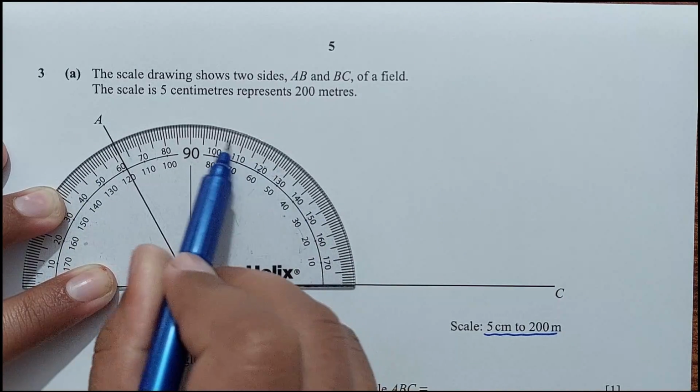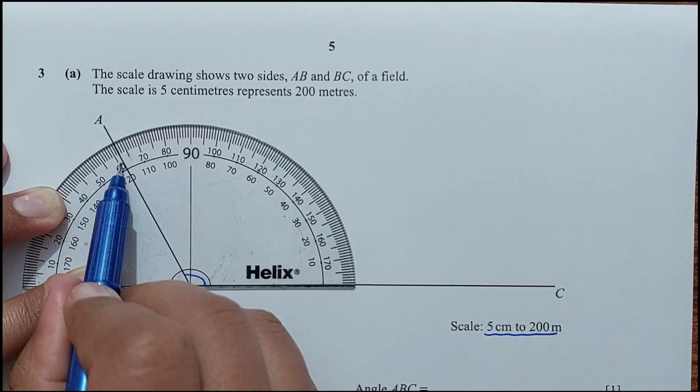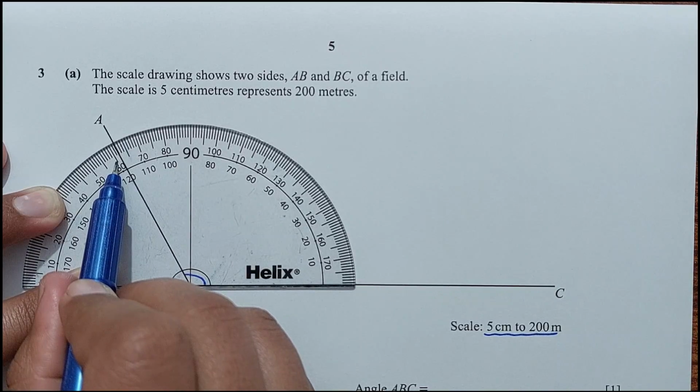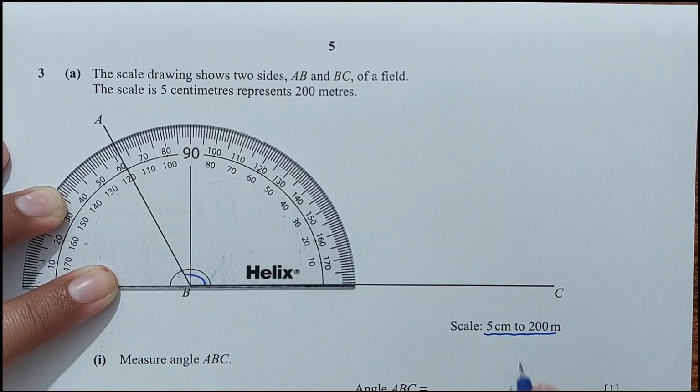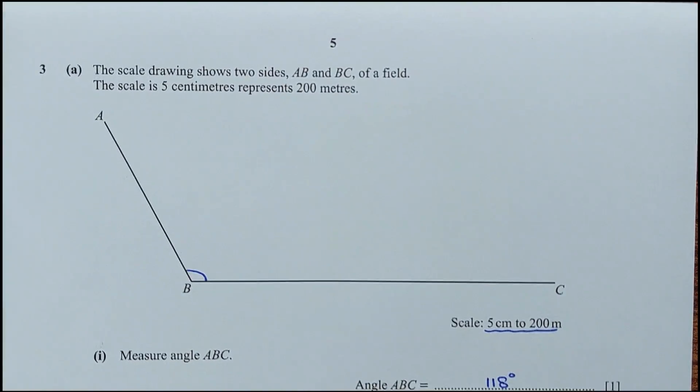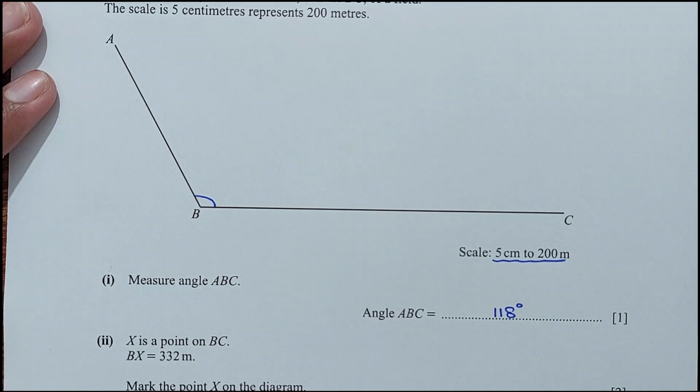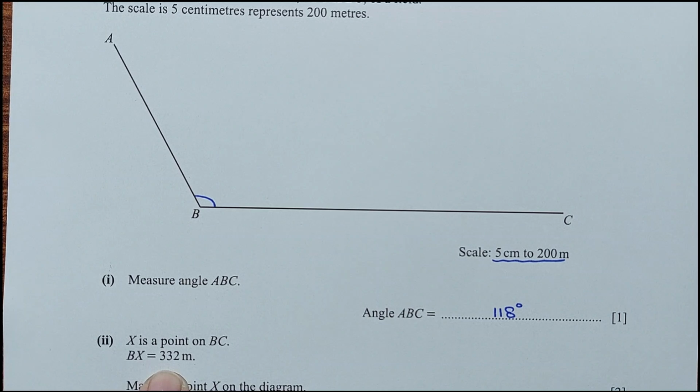So from 0 we have to measure, this point is 120, 118 is that angle, 118 degrees, right? Now for the second part, x is a point on BC. B to x is 332 meters. Mark the position of point x on the diagram, right?